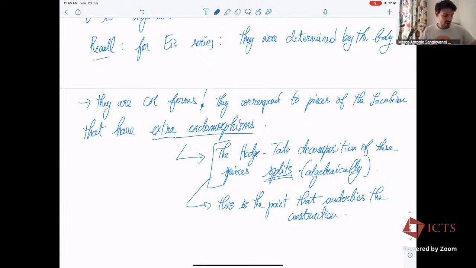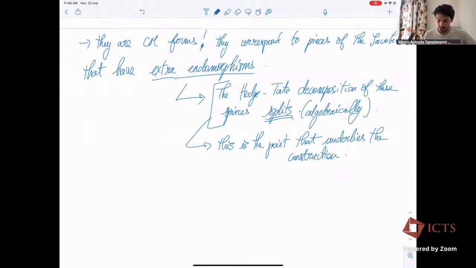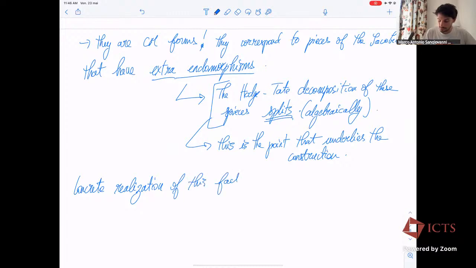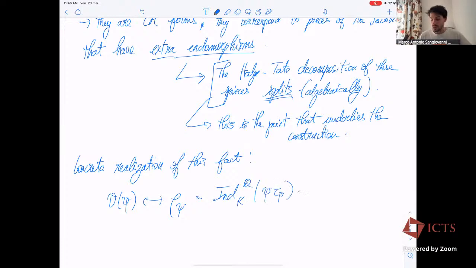Now, this has a very concrete realization that can be stated in quite simple terms. The concrete realization of this fact is the following: the Galois representation attached to theta psi is rho psi, the induction from K to Q of psi times tau p. So let me call this character chi.